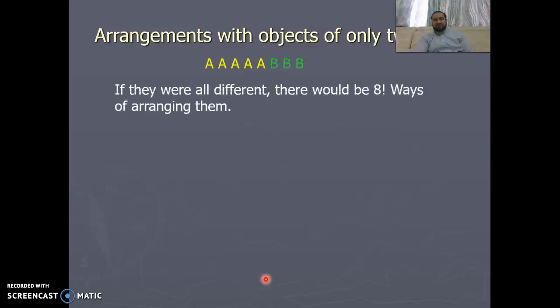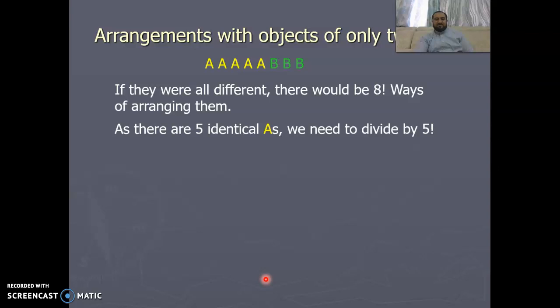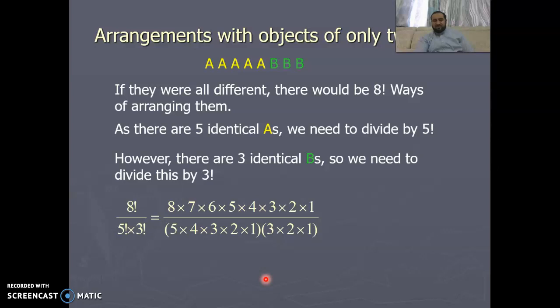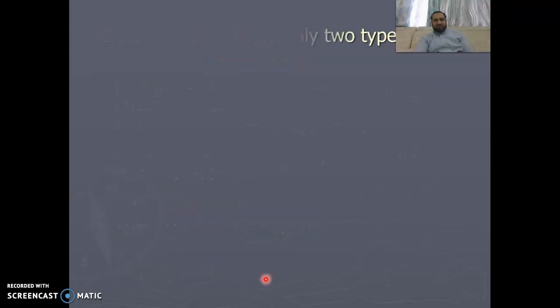If they were all different, there would be 8 factorial ways of arranging them, because there are 8 letters in total. As there are 5 identical A's, we need to divide by 5 factorial. However, there are 3 identical B's, so we need to divide by 3 factorial. So in total it's 8 factorial divided by 5 factorial times 3 factorial. We simplify this and get the number of choices, which is 56.